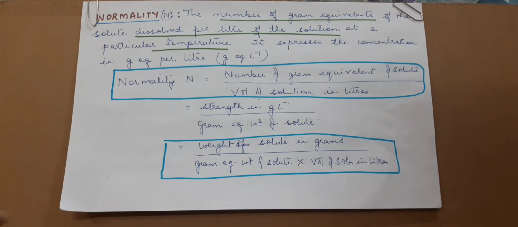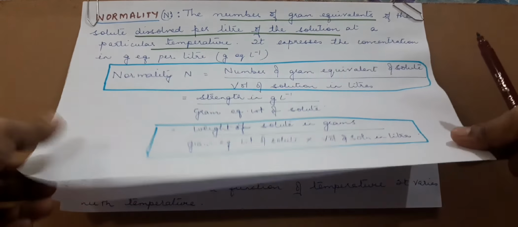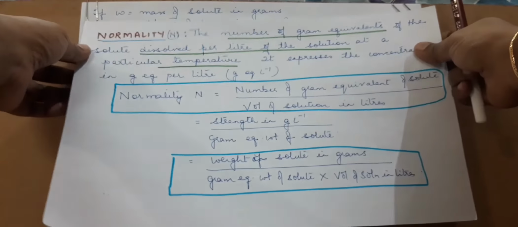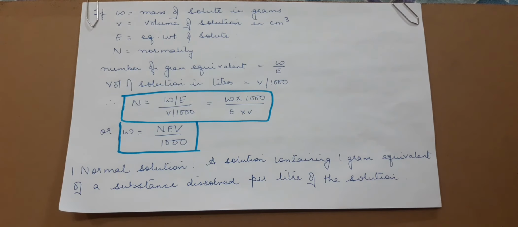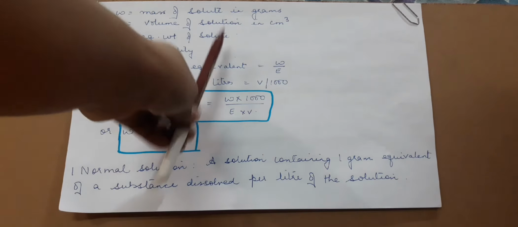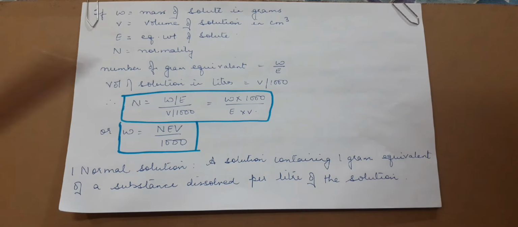When you're defining normality, it is very important to write down that it is at a particular temperature. Now, how do we represent this mathematically? What formula do we use? Suppose W is the mass of the solute in grams and E is its equivalent weight. So number of gram equivalents would be equal to what?